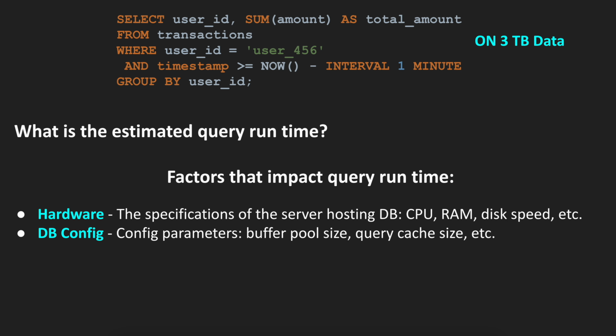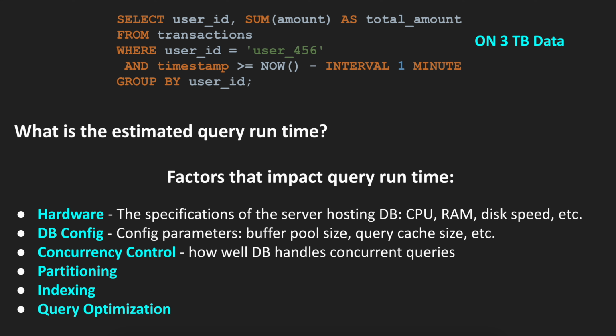The next one is the DB config, the config parameters such as buffer pool size, query cache size, etc. Also concurrency control, how well our DB handles concurrent queries. And the next one, whether or not we are partitioning our tables, how good our indexing is, and whether or not we are optimizing our query.